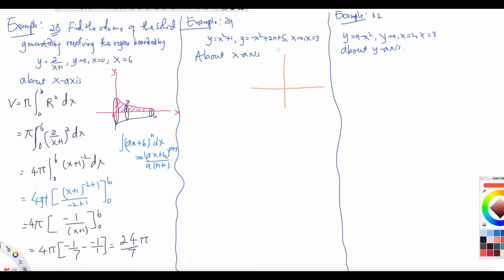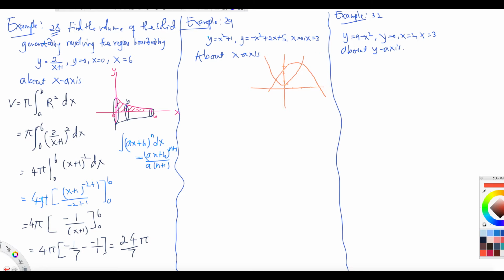If you plot negative x squared plus 2x plus 5 in your calculator, you will get a graph like this, and then the other graph, y equals x squared plus 1, looks like this. Okay, that's what it looks like.